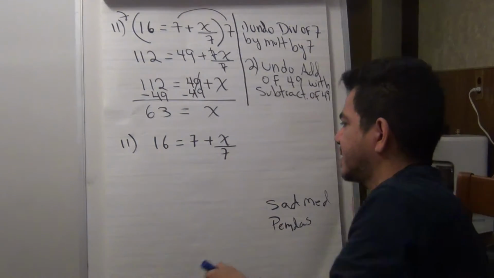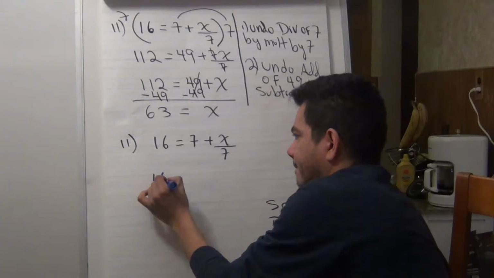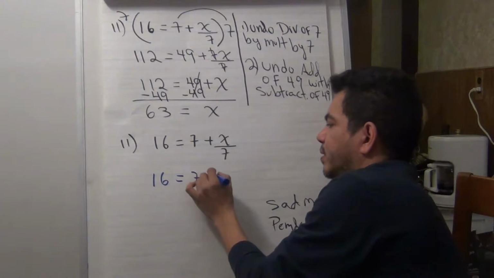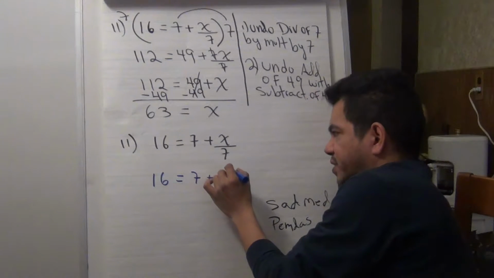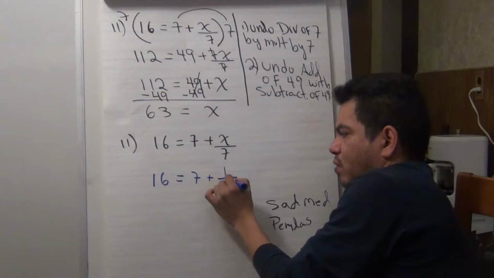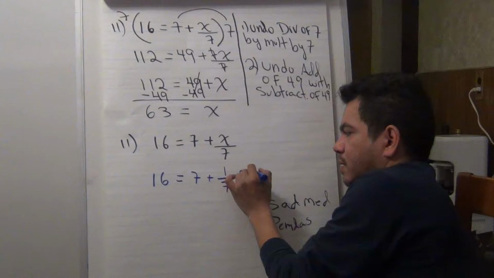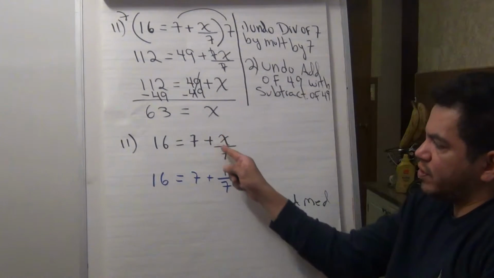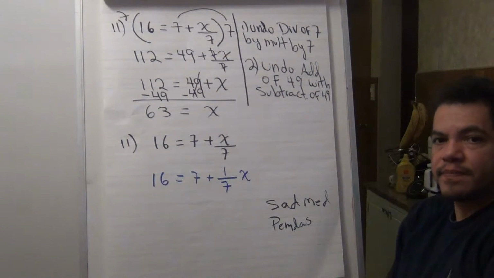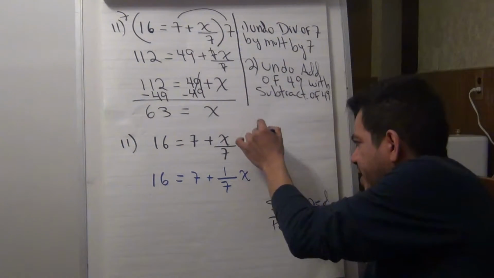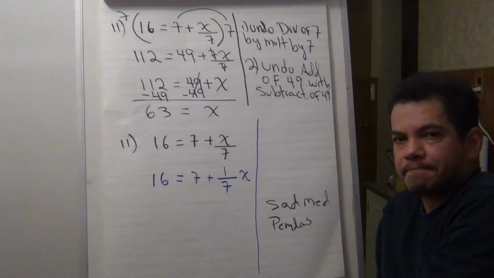I have to write this as 16 equaling 7 plus, watch this, 1 over 7 times x. See, I separate the number part. Okay, cool.